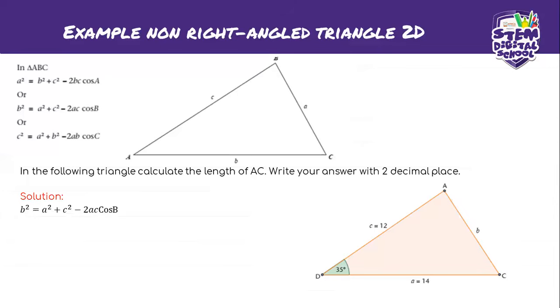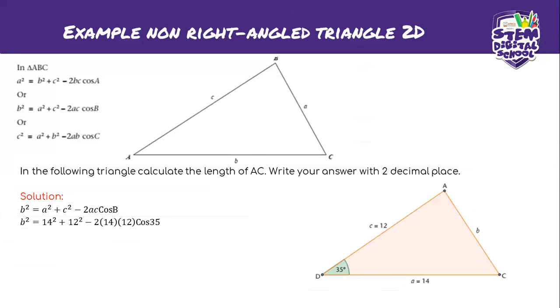It's supposed to be B, because look here, we have A, you can't have D and C, right? So it's supposed to be A, B, C.